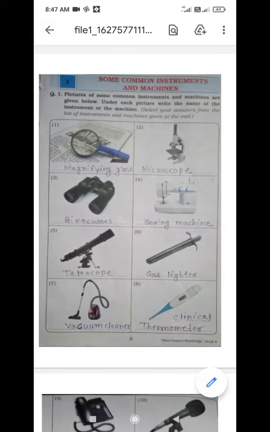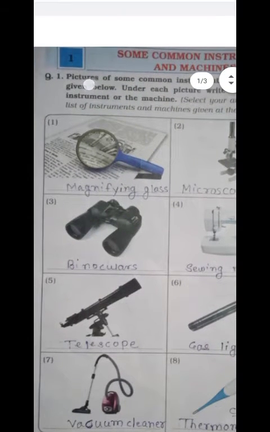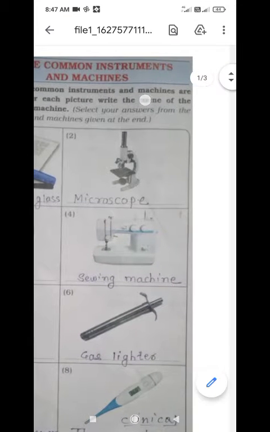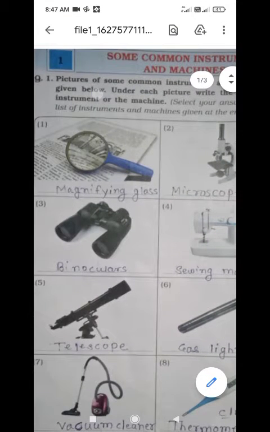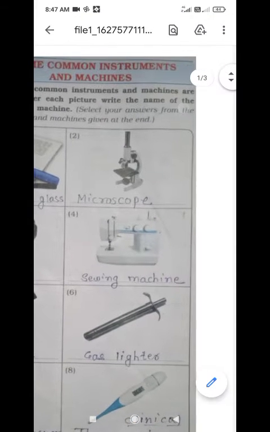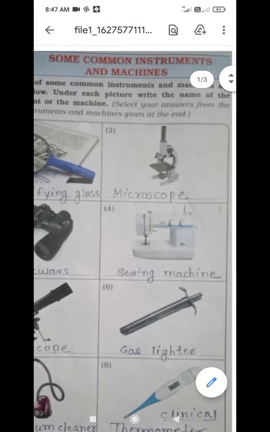Lesson number 1, some common instruments and machines. Pictures of some common instruments and machines are given below. Under each picture, write the name of the instrument or the machine.